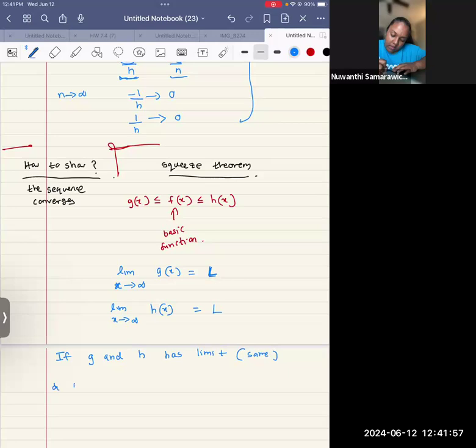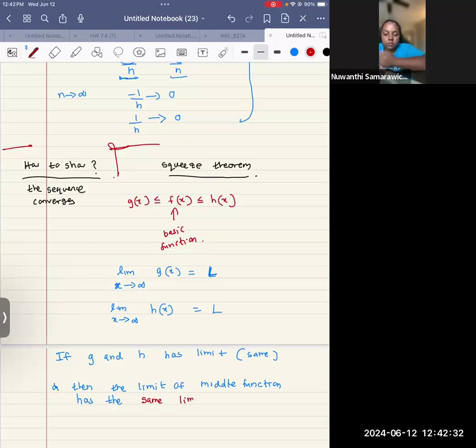Then the limit of the middle function has the same limit. So this is the squeeze theorem.